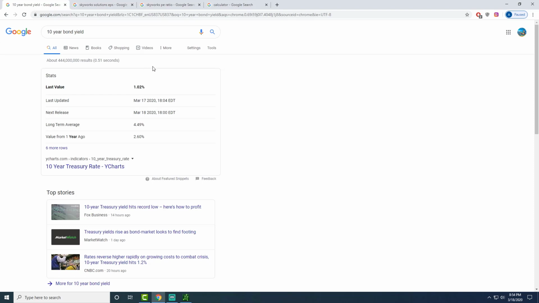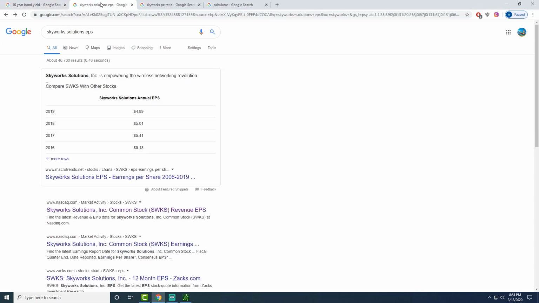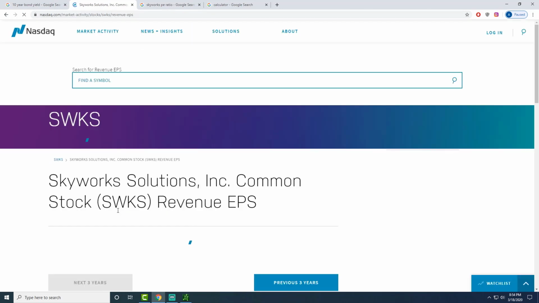So the next one we're going to want to get into is, what is the EPS number for Skyworks Solutions? And Google search is going to tell us this. So type in Skyworks Solutions EPS, and don't mess around with this number. This is some crazy stuff right here. Go down here to the NASDAQ market right here.